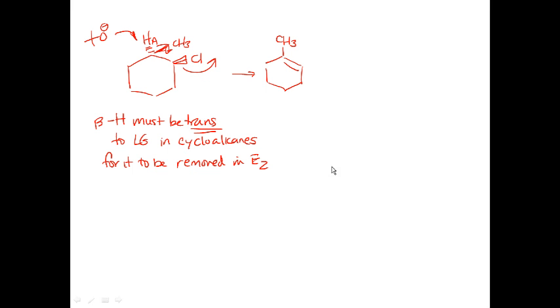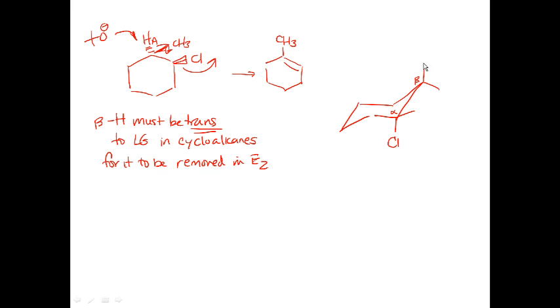Now, why is that the case? Well, let's look at a chair conformation here. If one carbon is the alpha carbon, then the beta carbon is next to it. So I'm looking at 1,2 disubstitution. Now, if I put my chlorine here, where does the hydrogen on the beta carbon need to go to form that anti-periplanar geometry?